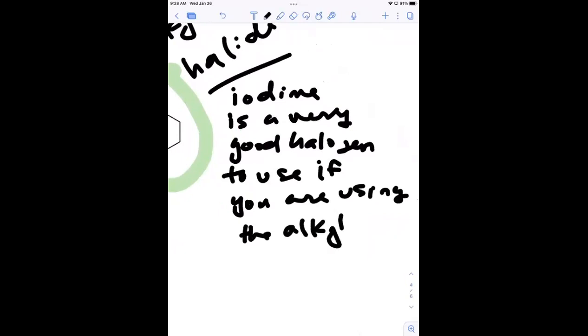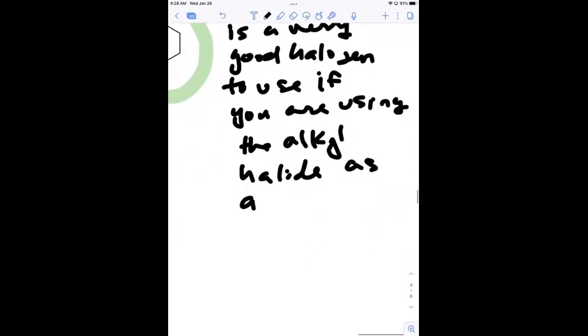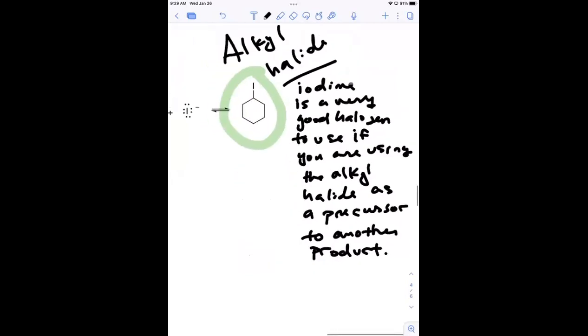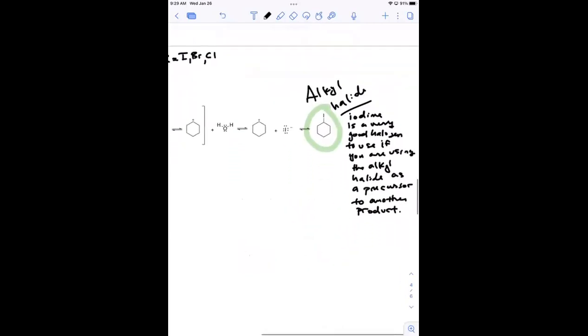That bond is very easy to break. We'll talk more about that when we talk about making organometallics.